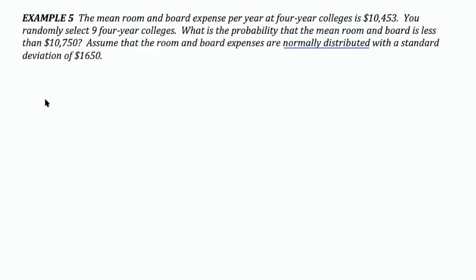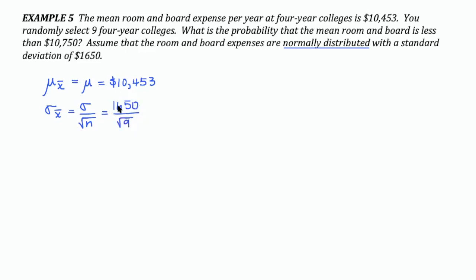So the first thing, again, you're going to want to do is calculate the mean and the standard deviation for the sample means. We use the population mean, which was $10,453. And to find the standard deviation, we take the standard deviation of the population divided by the square root of the sample size, which gives us 1650 divided by square root of 9.